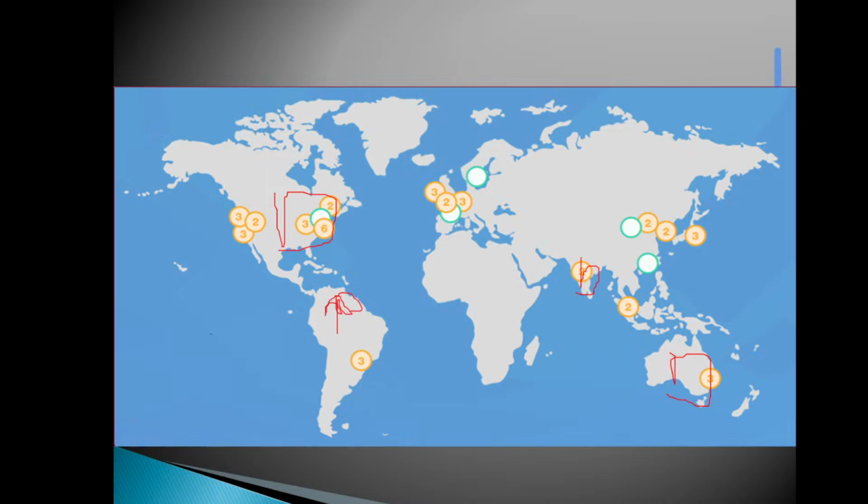Now out of all these 3 servers, which server is near to the user? This one, right? By the distance, this server is near to the user.